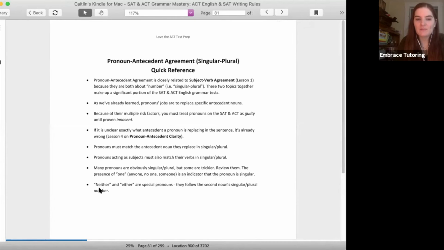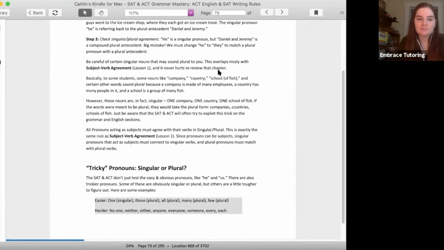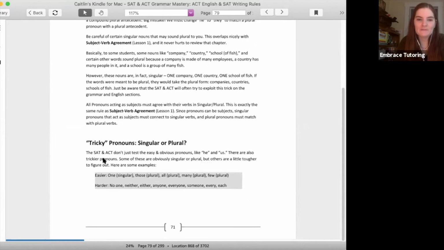And then we also have special cases like neither and either, which are special pronouns because they follow the second noun's singular or plural number. Okay, so tricky pronouns would be things like "one." This would be an easier one to figure out. Those, all, many, few, you can figure out that they're either singular, like one is singular, those is plural, and all the other ones are plural.